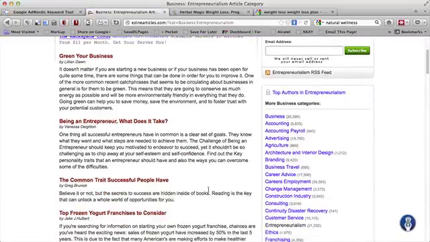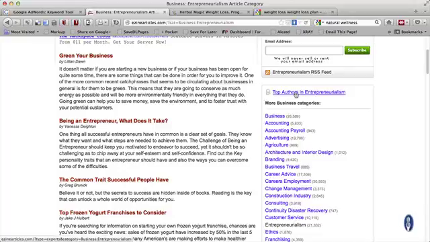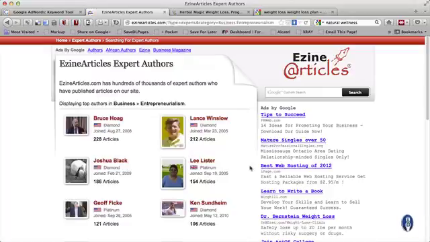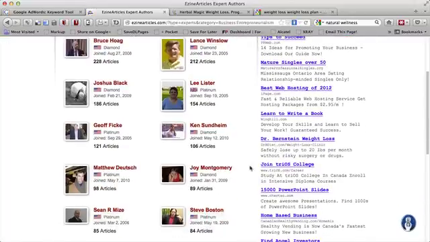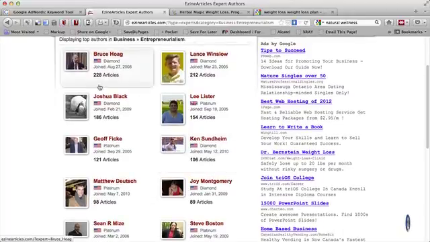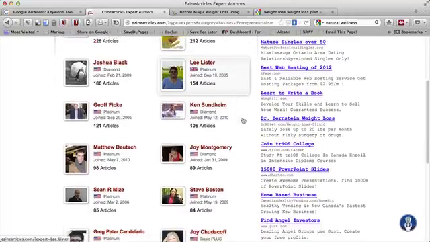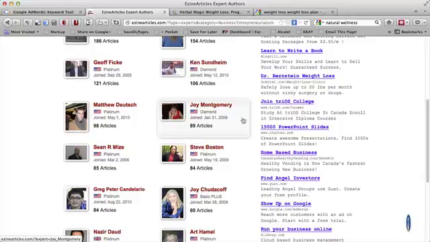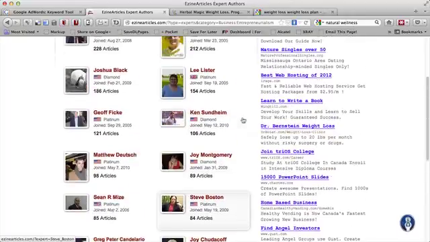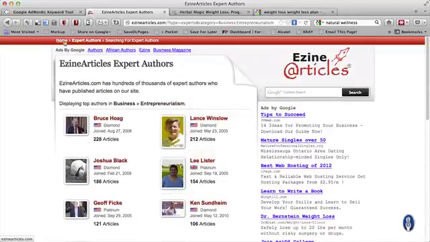And now they've changed the interface a little bit, but you could look at the top authors. Okay. And they've got a couple hundred articles each, that's fairly active, right? You want to look at the top authors, and I'm not seeing it right now in the interface, but there's also a way to look at the top articles. In other words, which articles have the most views, because that's an indicator of interest.